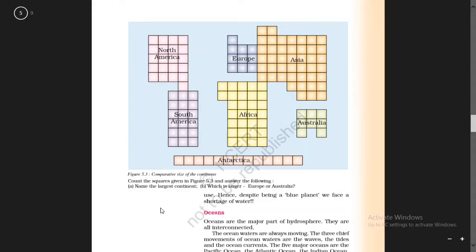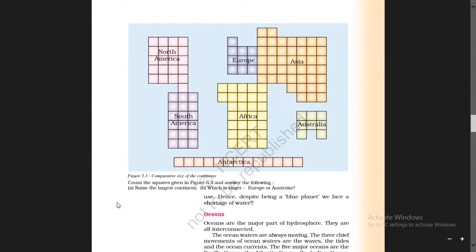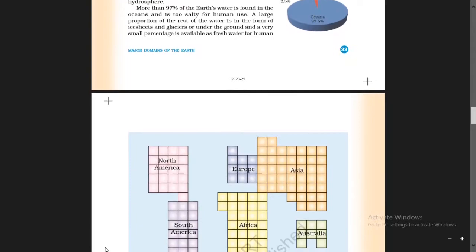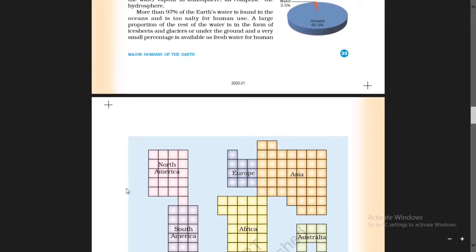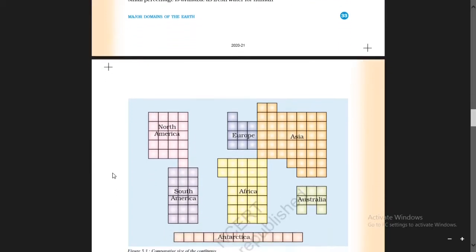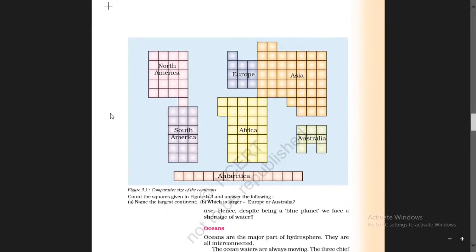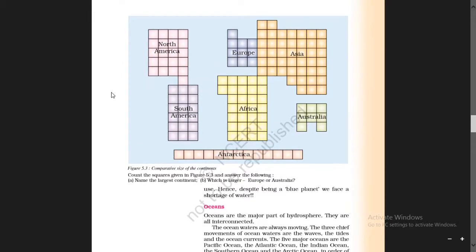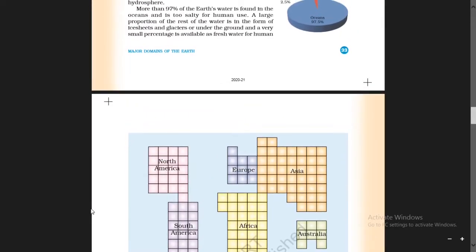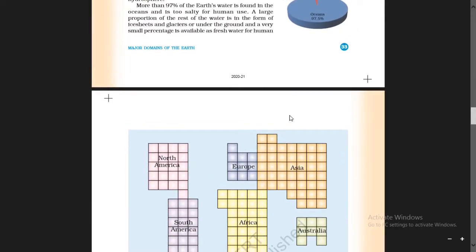So see, different percentages have been given for how water is present on this earth: fresh water, then saline water or salty water, and water in the form of ice sheets and glaciers or underground. You can know that from here.